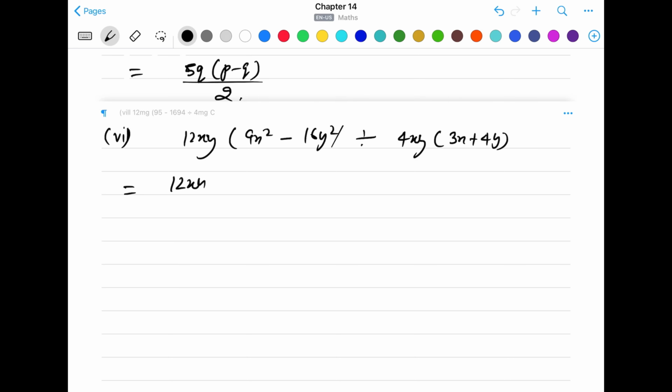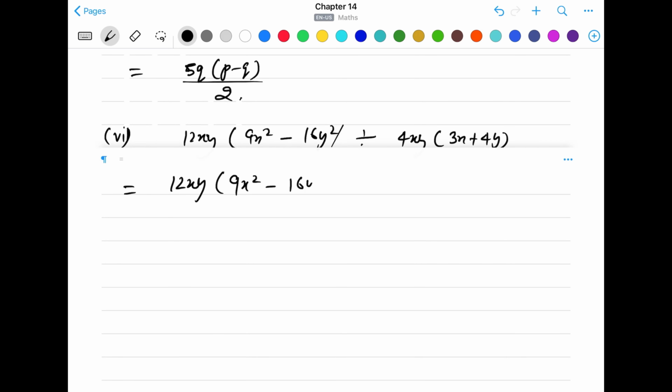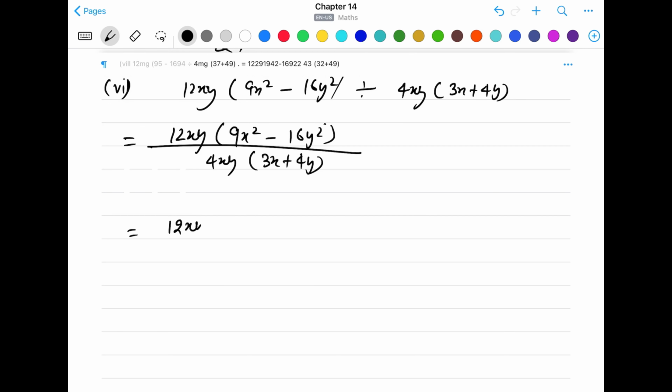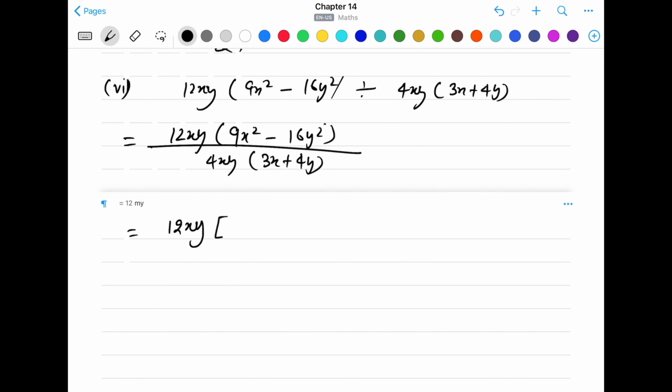We have 12xy multiplied by 9x square minus 16y square divided by 4xy into 3x plus 4y. We can write this bracket term as 3x whole square minus 4y whole square.